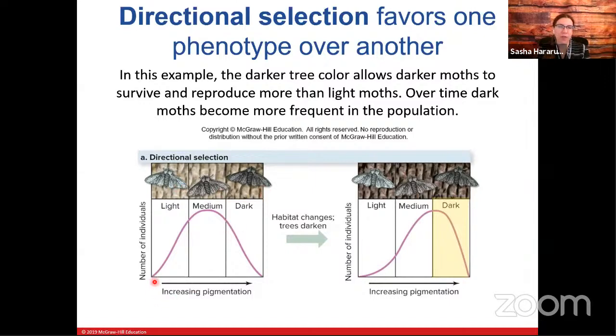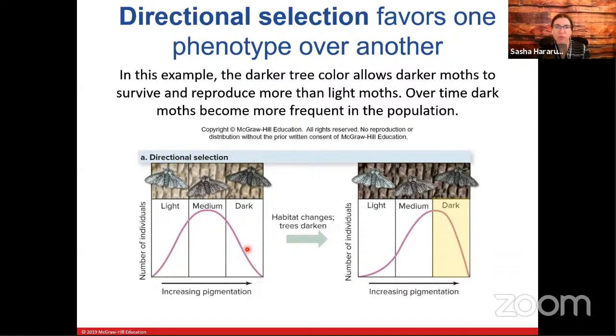The x-axis here would be the increasing pigmentation, like imagine some sort of metric for how dark the moths are, and on the y-axis is the number of individuals. So the bell curve here represents the frequencies of the color of moths within the population.